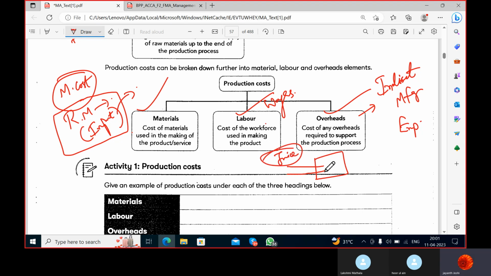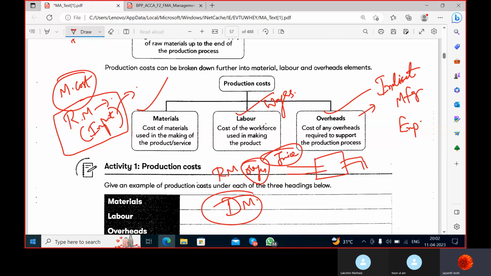We will put oranges into this and we'll get orange juice. So this is the factory, the juice is the final product, but the raw material we are using is oranges. Can I say that the raw material I'm using is nothing but the material cost I'm incurring? Yes, sir. That is my direct material. Correct or wrong?